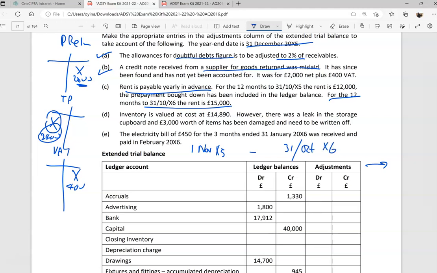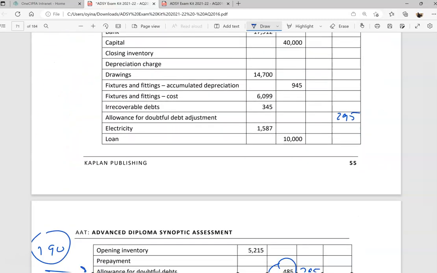So you've paid 10 months too much, because I only need November and December in this year. Therefore, your prepayment is 10 months out of 12 months times the 15,000, which is equal to 12,500.